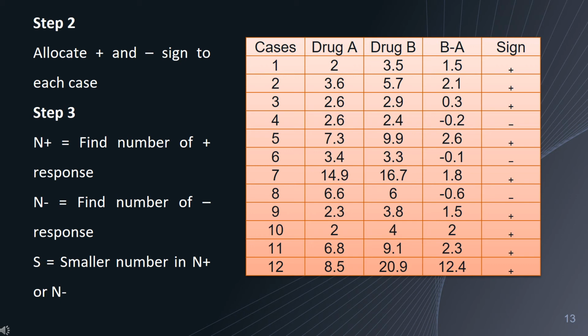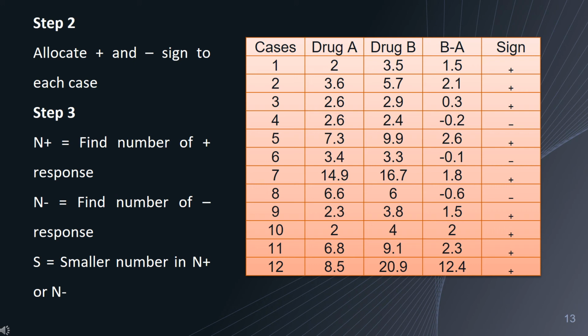In step 3, I have to find out how many positive signs are there. That will give me n plus. In some cases, it is referred to as R plus also. In the same step, the next is finding out the number of n minus responses, which could also be said as R minus. And the S value I have to find out is the smaller number.